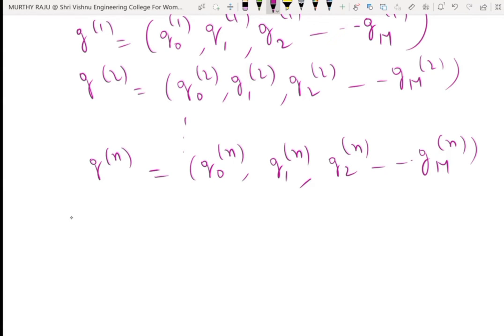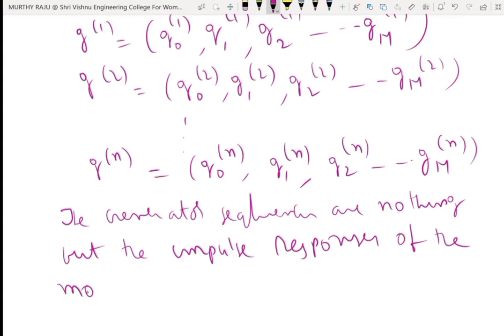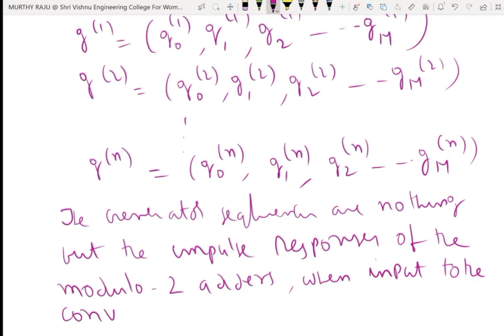The generator sequences are nothing but the impulse responses of the modulo 2 adders when the input to the convolutional encoder is an impulse function 1, 0, 0, 0, and so on.